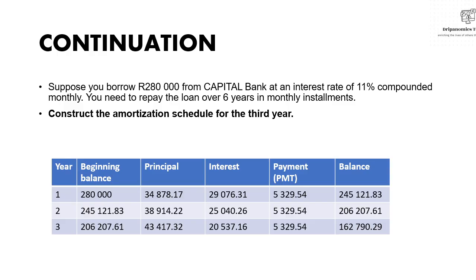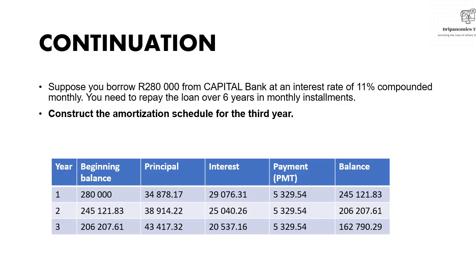You have the principal amount, which is the main repayment amount, of 34,878.17. That is how much will be repaid in year 1 towards that loan. Press equal again, it gives you the interest, 29,076.31.